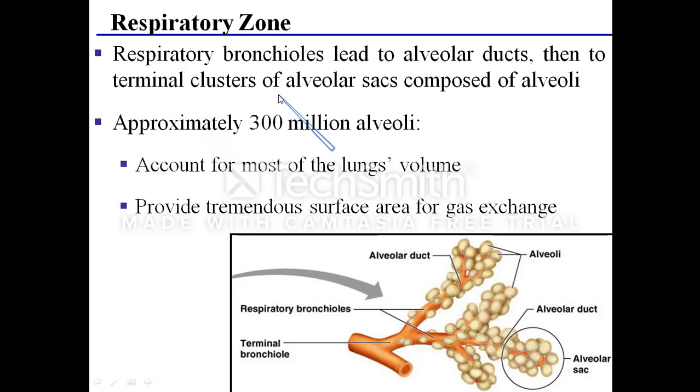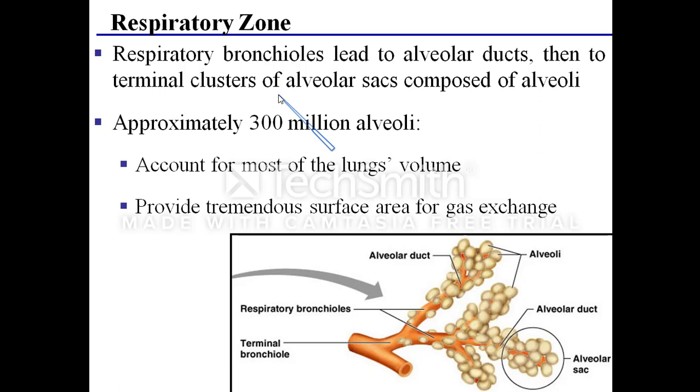Respiratory bronchioles lead to the alveolar duct, and the alveolar duct opens into the alveolar sac, which is made up of alveoli. There are 300 million alveoli, which form most of the lung, and because of this very large number of alveoli, the surface area of the lungs is increased.